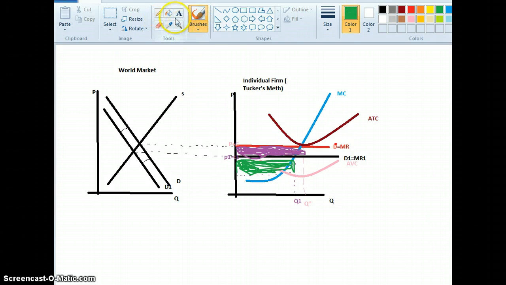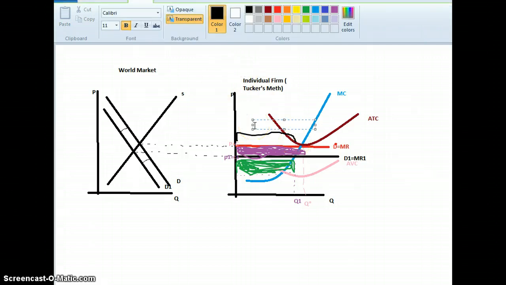This all right here is their average total cost, or total fixed cost. Sorry.